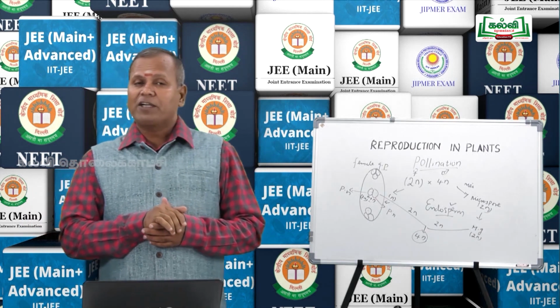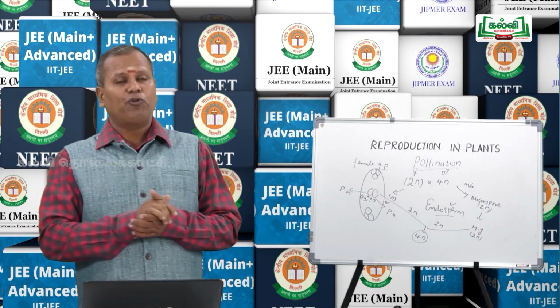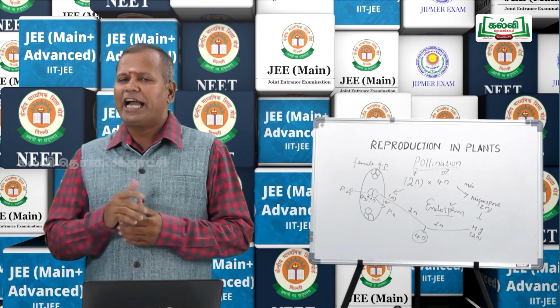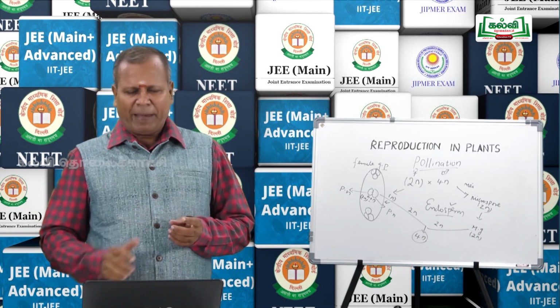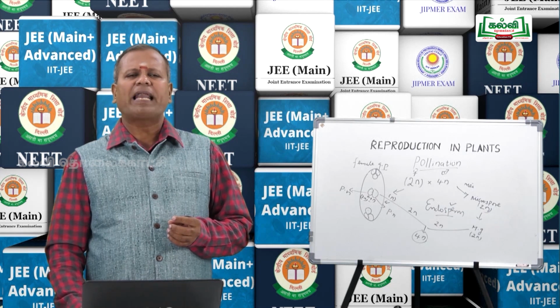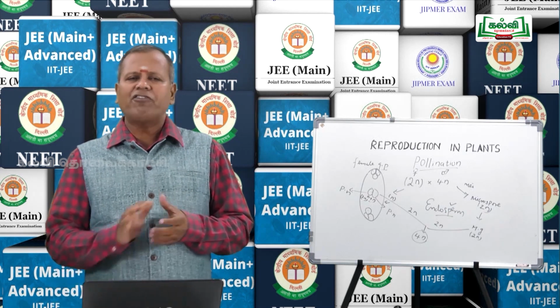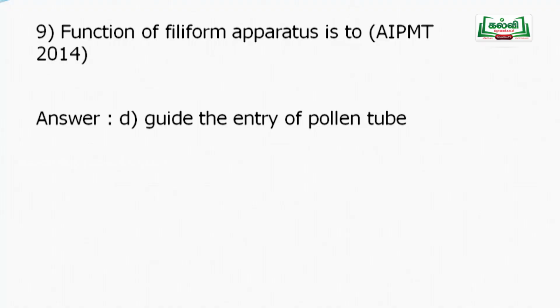The function of filiform apparatus: you know the filiform apparatus is present in the gynoecium, in the carpel or in the pistil. The main function of this filiform apparatus is to guide the entry of pollen tube. So, it helps in the entry of pollen tube. So, the correct answer for question number 9 is option D. The function of filiform apparatus is to guide the entry of pollen tube.